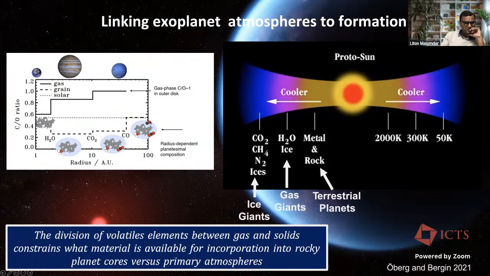In the outer part of the disk, where temperature is much lower, you are measuring a very high carbon to oxygen ratio in the gas phase. And as you go inside, your carbon to oxygen ratio in the gas phase is decreasing. And you can see the clear decrease in the carbon to oxygen ratio at different locations of the ice lines. So from outer part to inner part, the C/O ratio is decreasing.